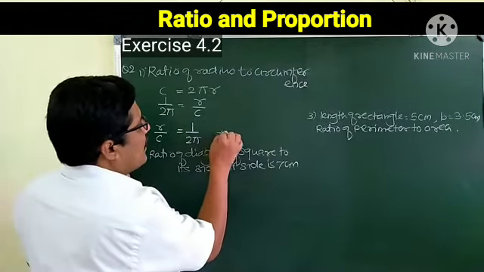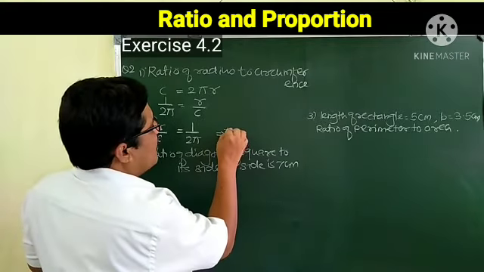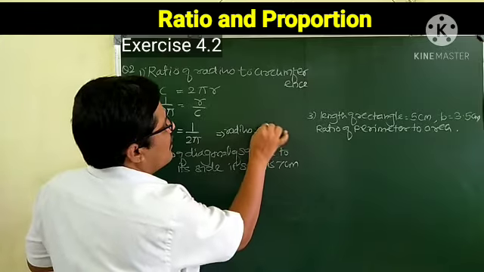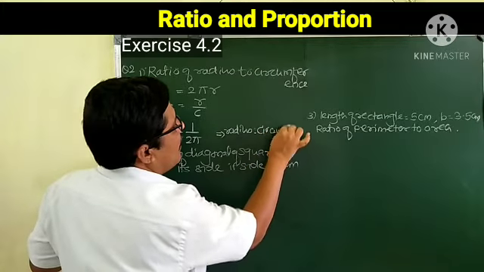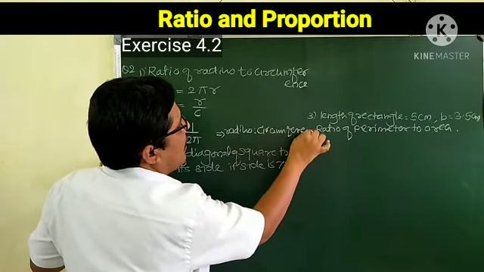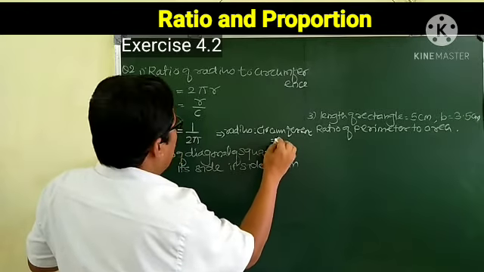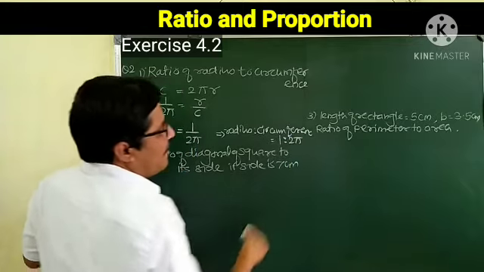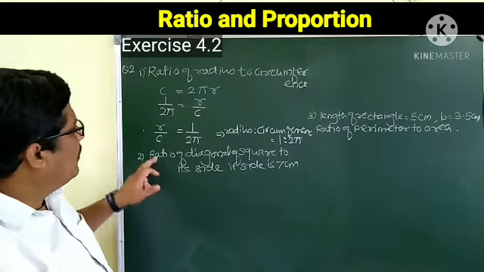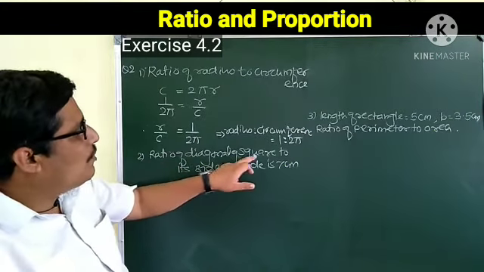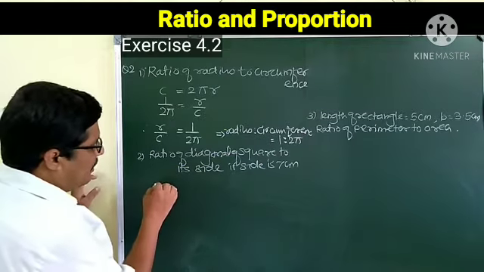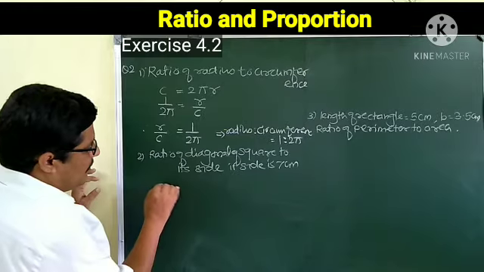So this we can write in other words, ratio of radius to circumference is equal to 1 is to 2 pi. Now second, ratio of diagonal of square to its side. So first of all we have to take the formula.